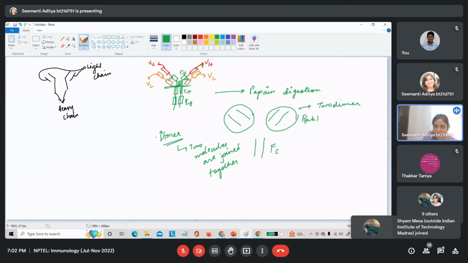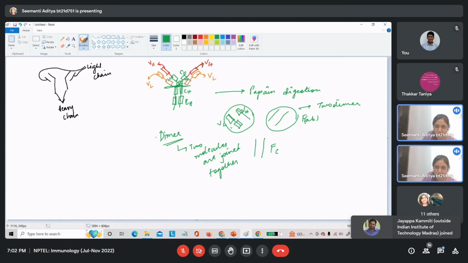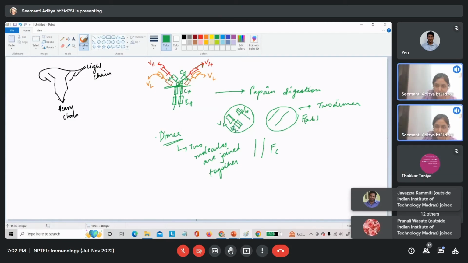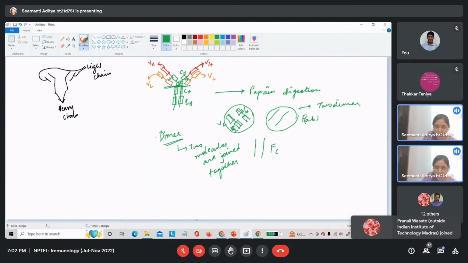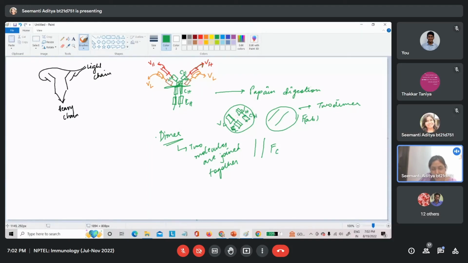and each dimer has a variable region from the heavy chain and the variable region from the light chain. Each of these dimers also has a constant region from the light chain and a constant region from the heavy chain. So the question was what kind of dimers papain digestion is going to give.